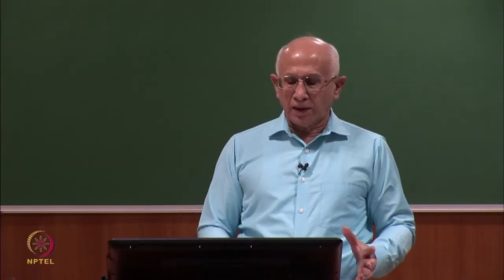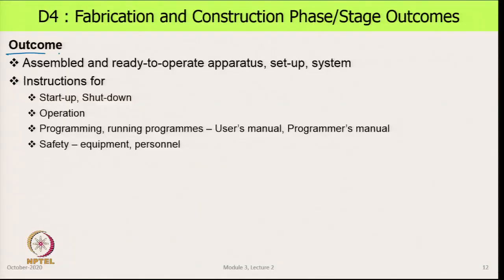Once we have done all of that, the outcome from this phase is a setup or an apparatus or a system, whichever way you like to call it, which is fully assembled and ready to be operated. So, we can start it and make things happen.